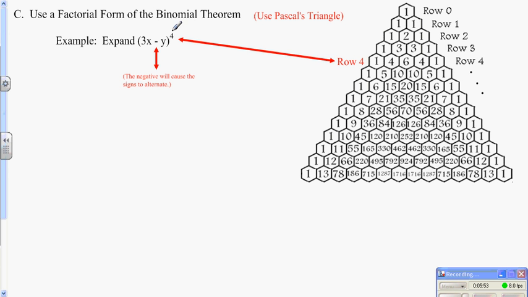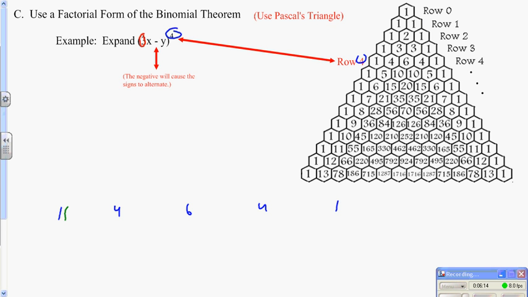Now here's a question, number 3. The same process is going to be done. Power of 4, so row 4. We have 1, 4, 6, 4, 1.